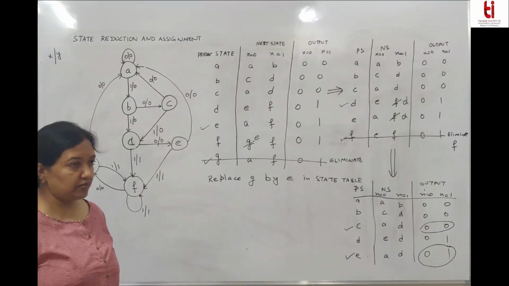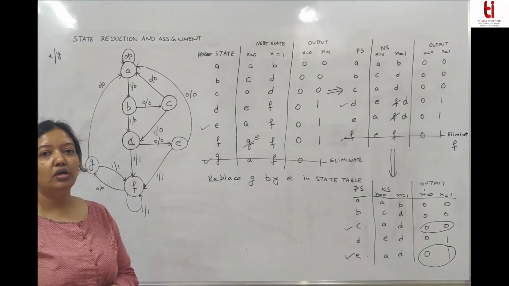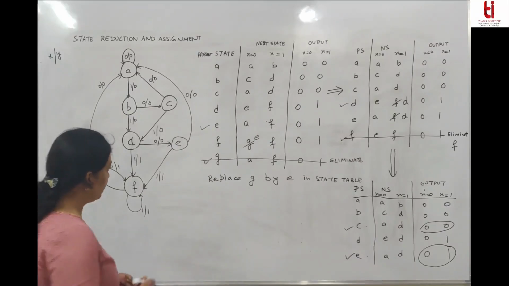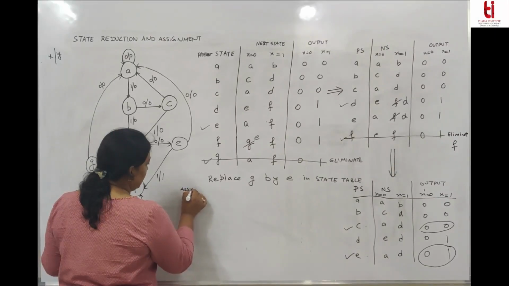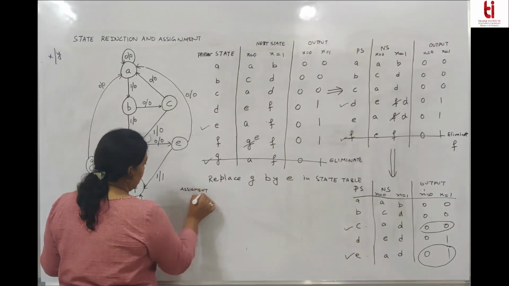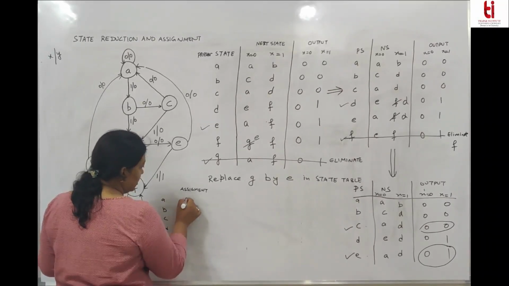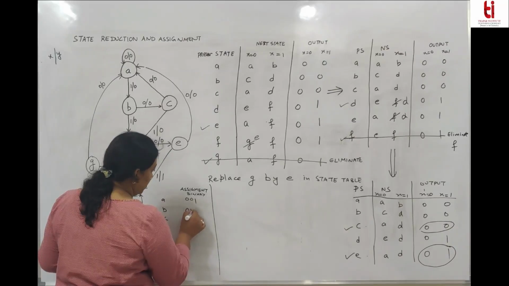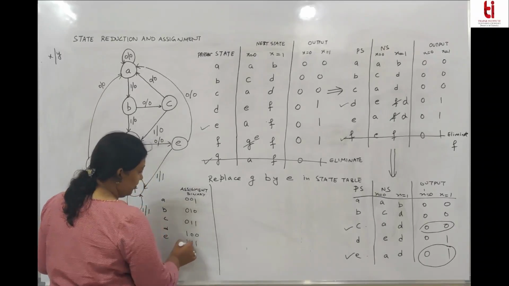How do you assign the states? Since there are 5 states, you at least need 3 bits to do the state assignment. There are 3 ways to do state assignment. Either the assignment can be like A, B, C, D, E, which I can write as binary: 1, 2, 3, 4, 5.